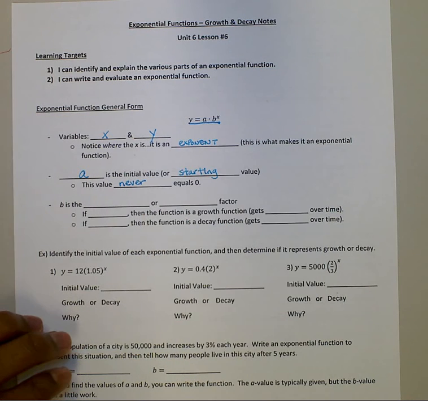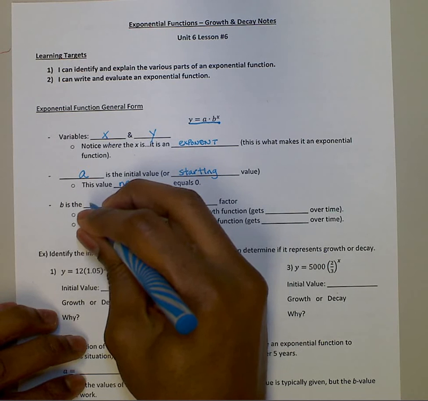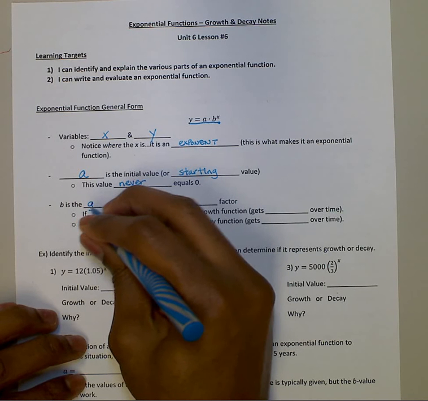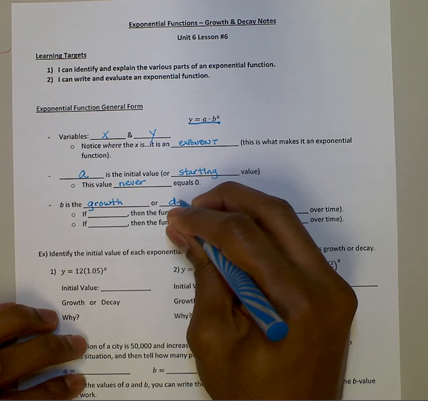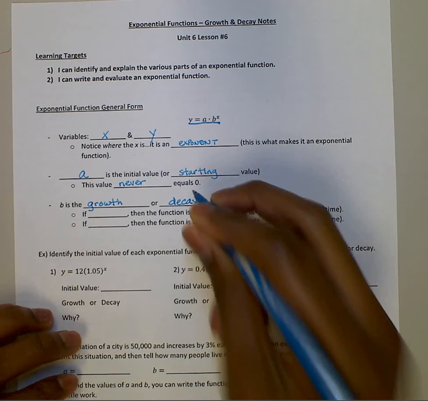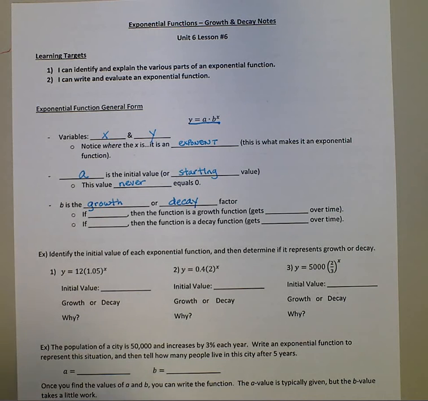Okay, b is the growth or decay factor, and that just shows how much it's increasing at that point. We'll talk about b.